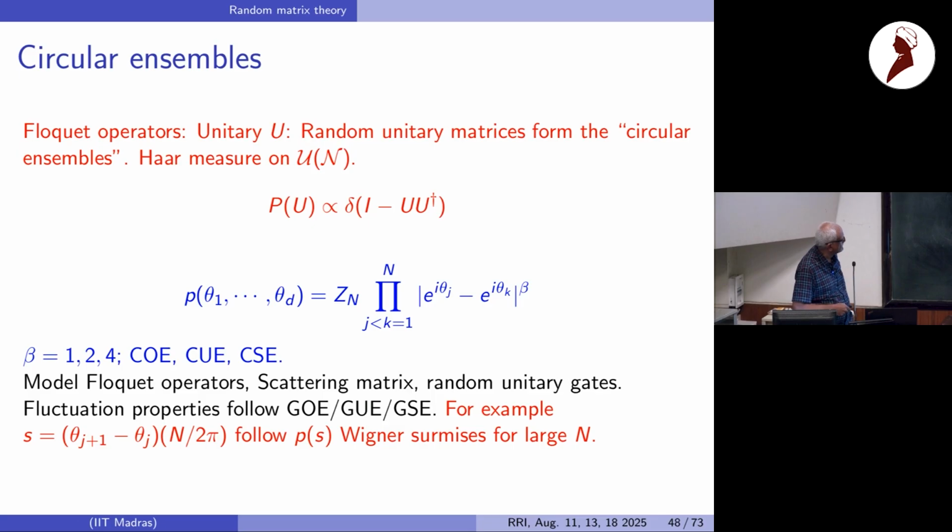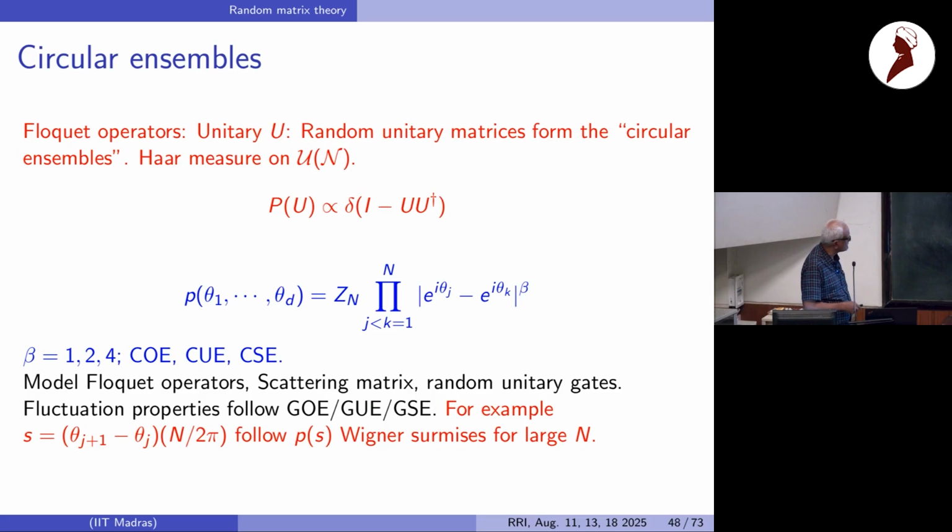What is interesting is that fluctuation properties, like if you look at the spacing between theta j plus 1 and theta j, like this theta j plus 1 minus theta j, you can just multiply by N over 2 pi because there are N eigenvalues in 2 pi angle. So this will give you something with the spacing which is roughly 1. Average spacing is 1.